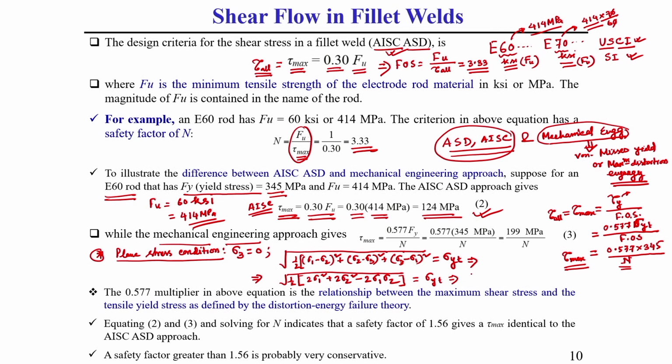I am writing it directly so it is clearer. So, for plane stress condition, it will be sigma 1 square plus sigma 2 square minus sigma 1 sigma 2, equal to sigma yt square.